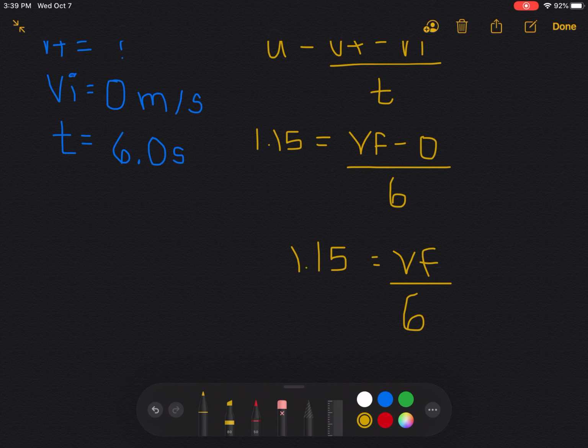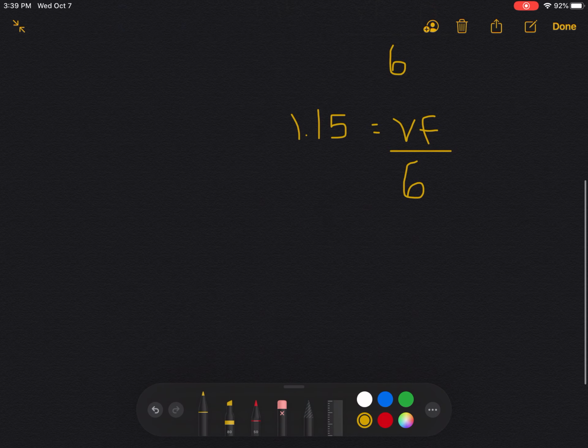There you go. So now, just like before, we need to solve for this. We need to find out what VF is. We need to bring all the numbers to one side and all of the letters to the other. We're going to keep our letters on the right, and let's bring our numbers to the left. So just like before, to get rid of that divided by 6, we're going to multiply both sides by 6.